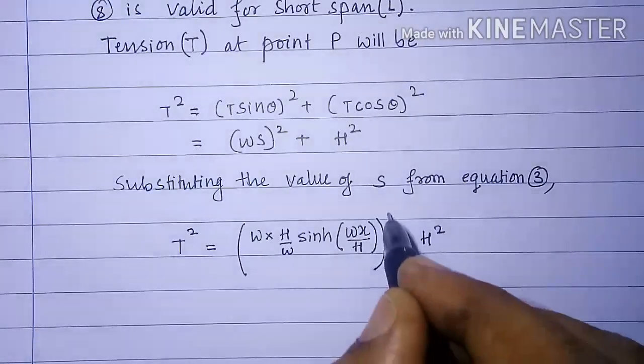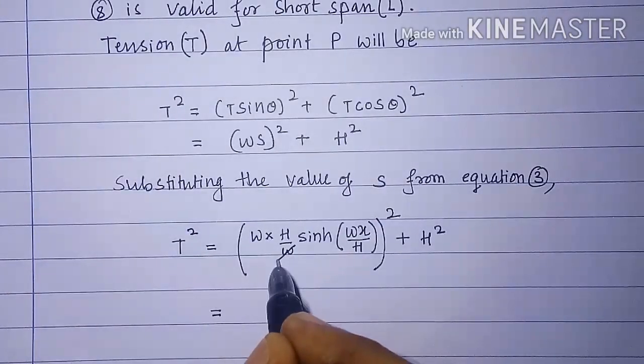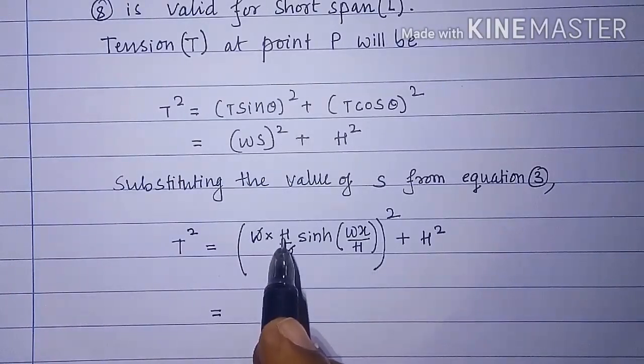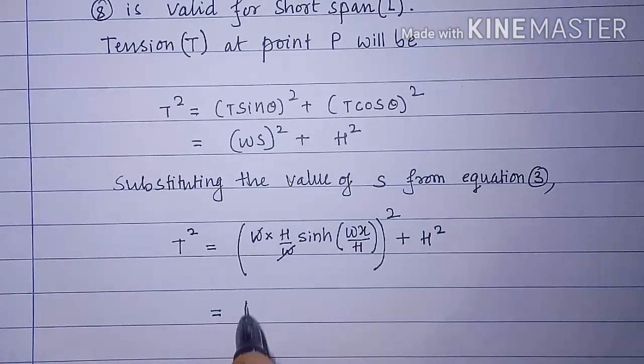This bracket must also be squared. Now W and W will cancel here. Whole bracket square is there, therefore it will become h square. From here and here we will take h square common outside.